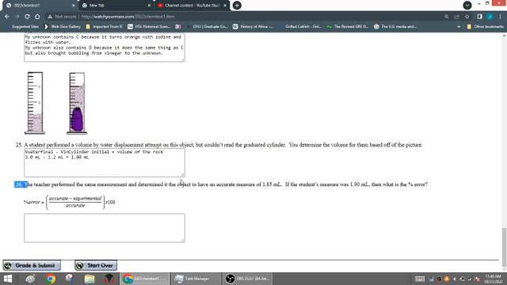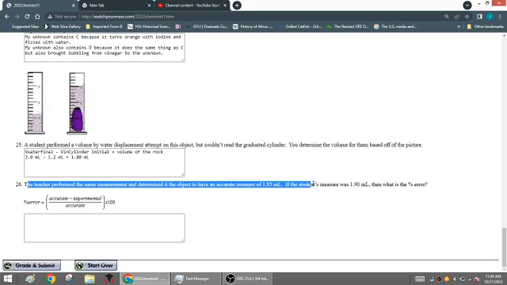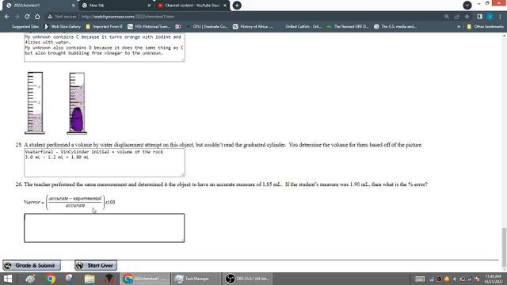All right. The teacher performed the same measurement and determined the object to have an accurate measure of 1.85. If the student's measure was 1.90, then what's the percent error? All right, so there should be an absolute value symbol right here and right here. It actually doesn't matter if you put experimental minus accurate, as long as you take the absolute value after the fact. But let's do this.